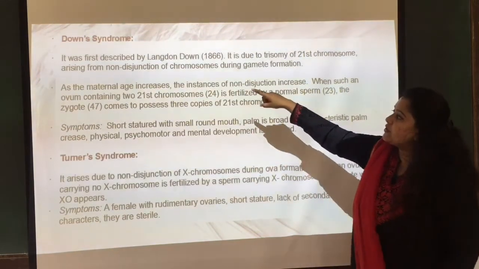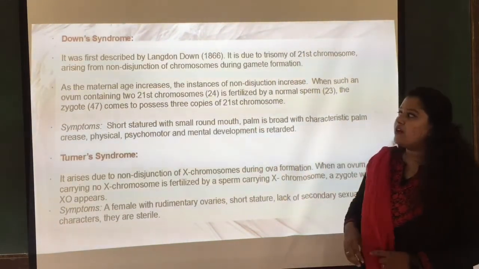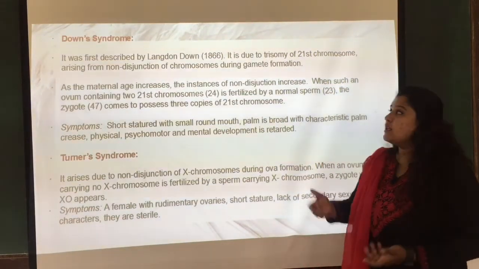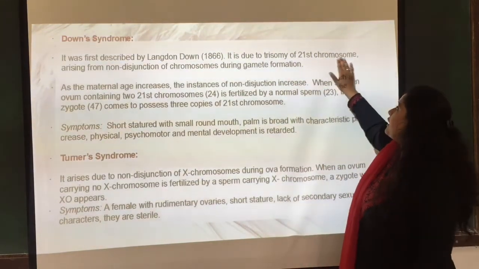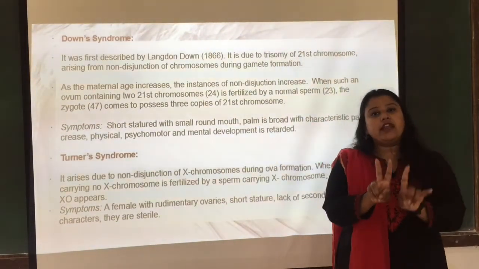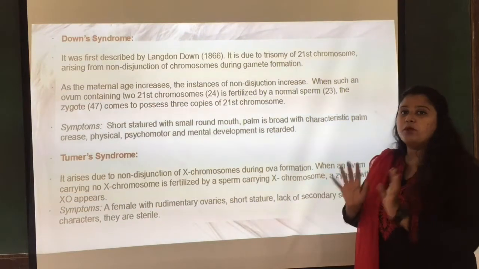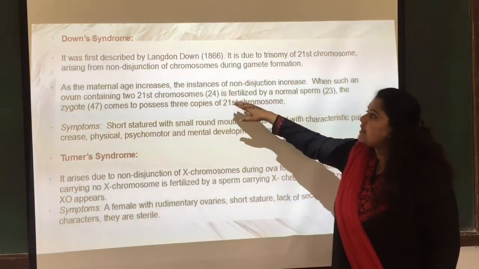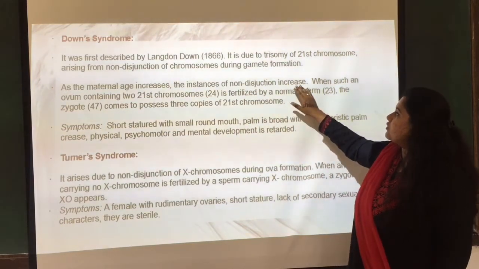Arising from non-disjunction of chromosome during gamete formation. What happens again here? The non-disjunction takes place, and for this reason, in the 21st chromosome, instead of 2, 1 is also added, so this forms the trisomy. As the maternal age increases, the instances of non-disjunction increase.